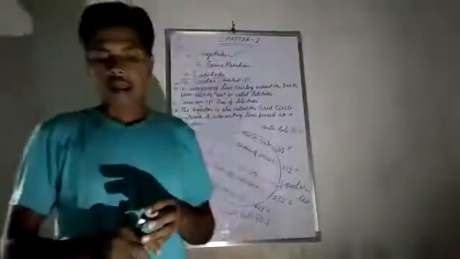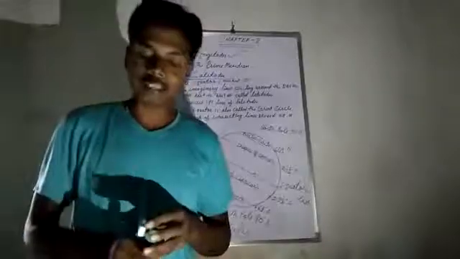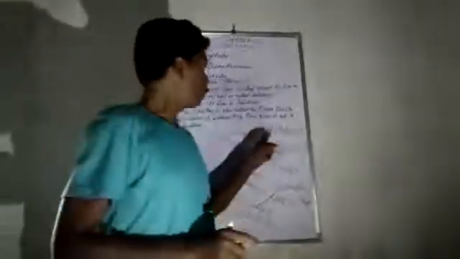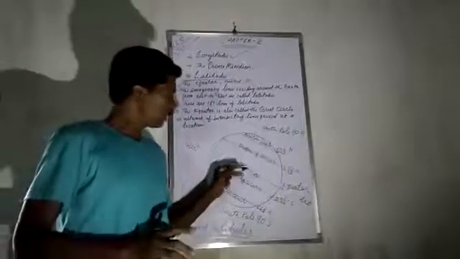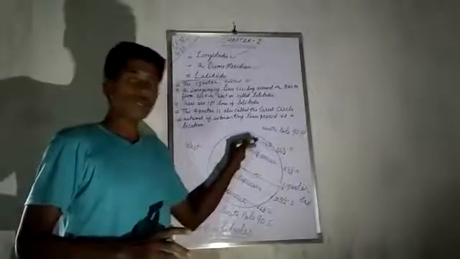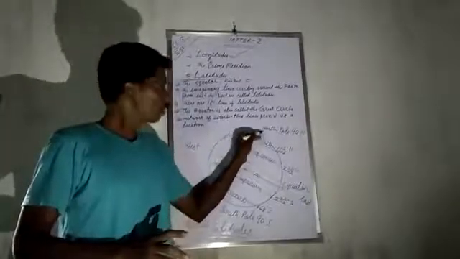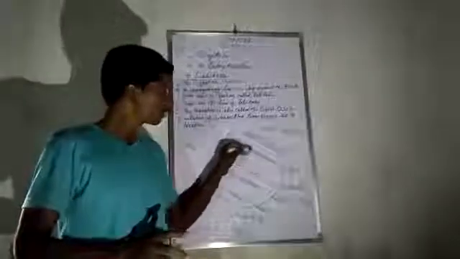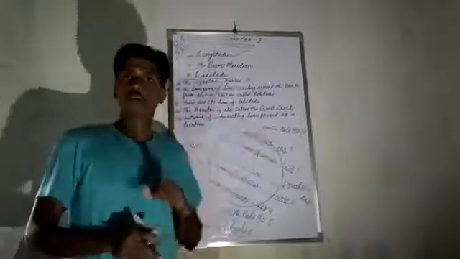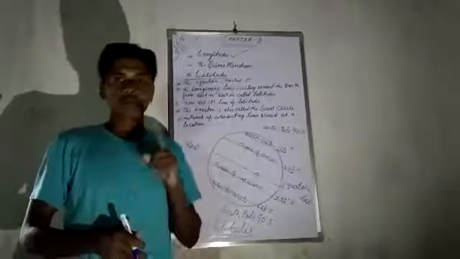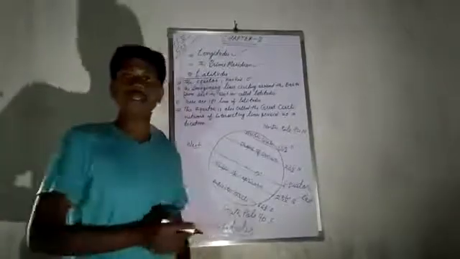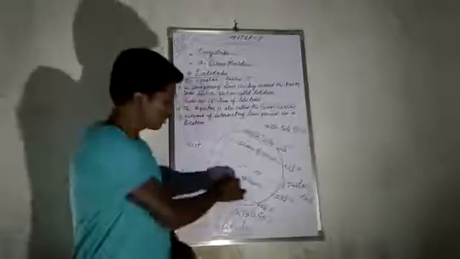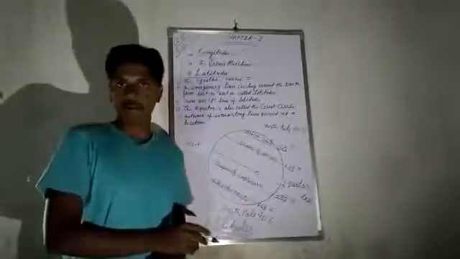The upper half of the equator is called the Northern Hemisphere. From the equator to the North Pole, it is called the Northern Hemisphere. And the lower half of the equator is called the Southern Hemisphere.